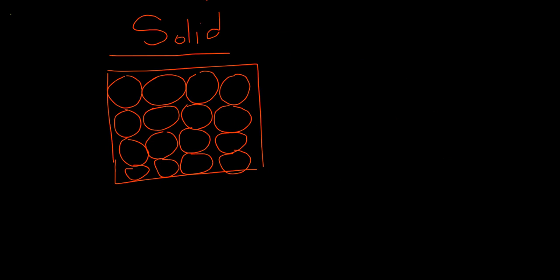As you can see on the screen, you can find the lattice structure of solid matter. Simply put, lattice structure is how particles are arranged in solid state matter. As you can see, the particles are closely packed together, and that's one property that defines solids.